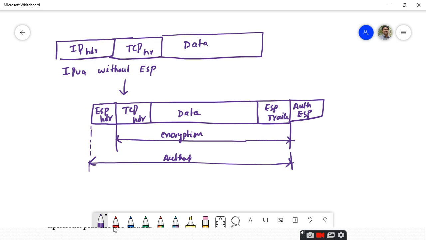This is after adding, this is IPv4 with ESP, but you have to add the additional information at the IP layer in the form of IP header. So the entire thing from here to here, this IP header, ESP header, TCP header, data, ESP trailer and ESP authentication, that is the IPv4 with ESP.